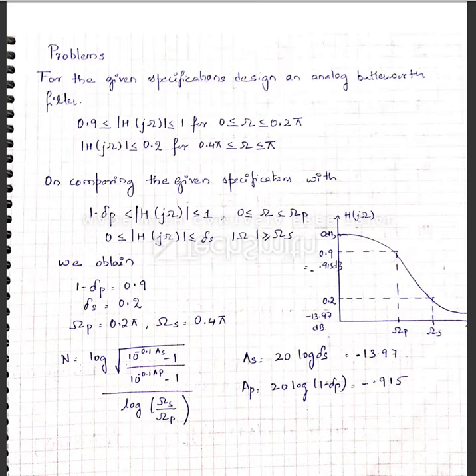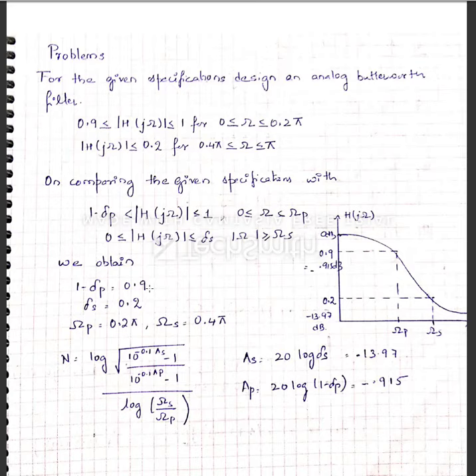Then we find a transfer function, that is H of s, for the cutoff frequency omega c equal to 1 radian per second. Then we calculate the actual cutoff frequency and find the corresponding transfer function with respect to the value of the cutoff frequency omega c that you have found, by substituting s equal to s by omega c. So these are the 5 steps that you need to follow for designing an analog Butterworth filter.